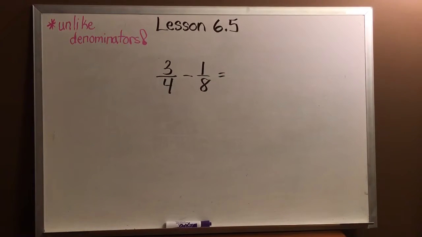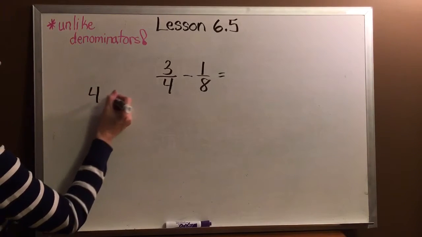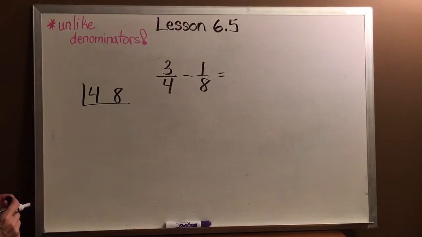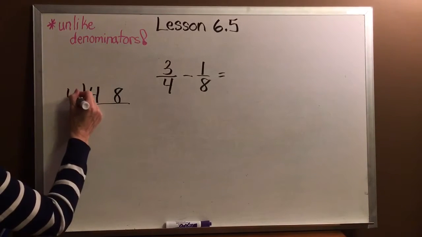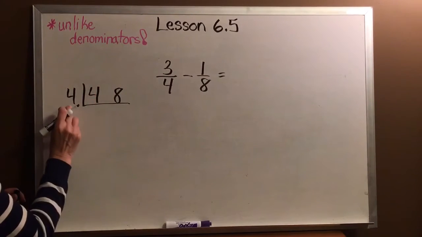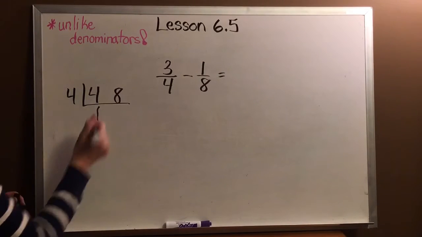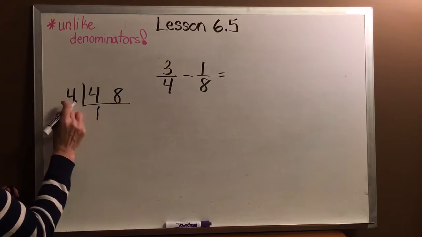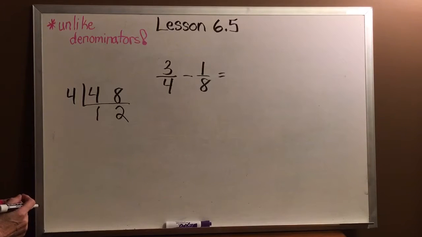Step 1, as before, we need a common denominator. So take the 4 and the 8, using again the stair method. A number that goes into 4 and 8. 4 goes into both. 4 times 1 is 4. 4 times what is 8? 4 times 2 is 8.